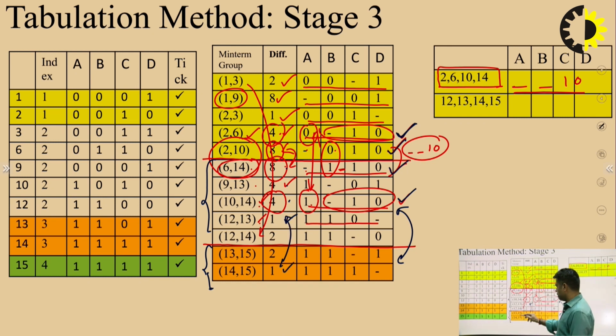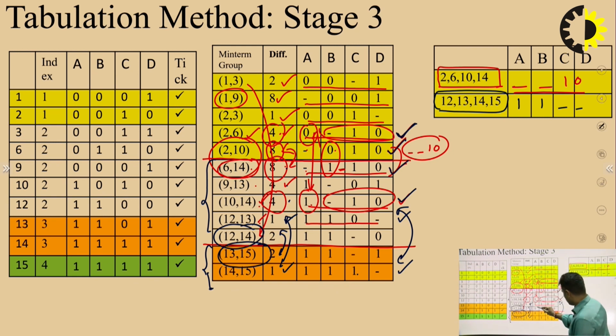We need to check 12, 13, 14, 15: 1, 1, 0, dash and 1, 1, 1, dash. So 1, 1, dash, dash. 12, 13 is making a group with 14, 15, and we have ticked it. Similarly, proceeding further, 12, 14 with 13, 15, because they have the same difference too. You can check that 12, 14, 13, 15 are producing the same group members and same result. 1 is same, dash is same, this is the difference. So 1, 1, dash, dash. It is already mentioned here, so we need not write it.